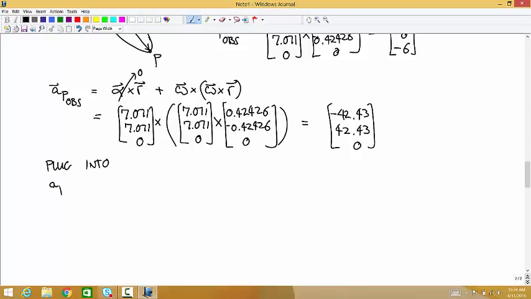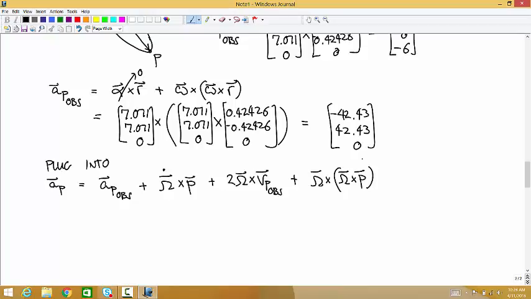Okay, so now we have everything finally that we need to plug back into the big equation for the acceleration of P. That's equal to the acceleration of P observed plus capital Omega dot cross P plus 2 times capital Omega cross the velocity of P observed plus capital Omega cross quantity Omega cross P. So we have negative 42.43, positive 42.43, plus this one goes away because we don't have any capital Omega dot.